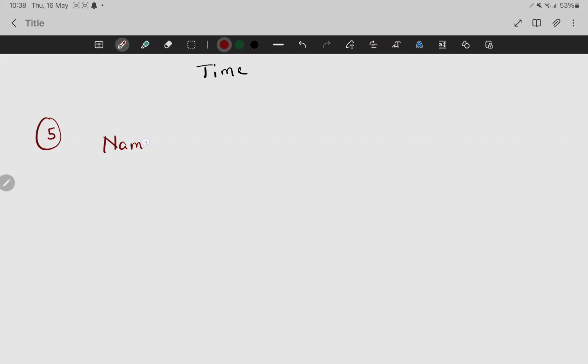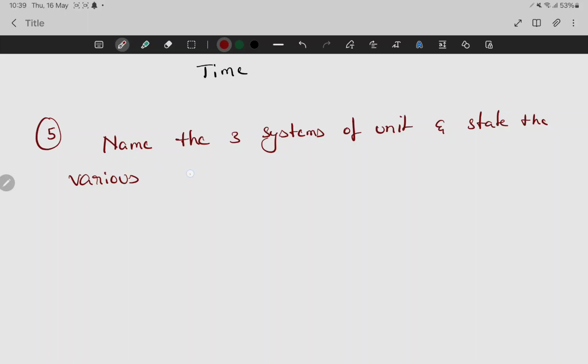Name the three systems of units and state the various fundamental units in them.